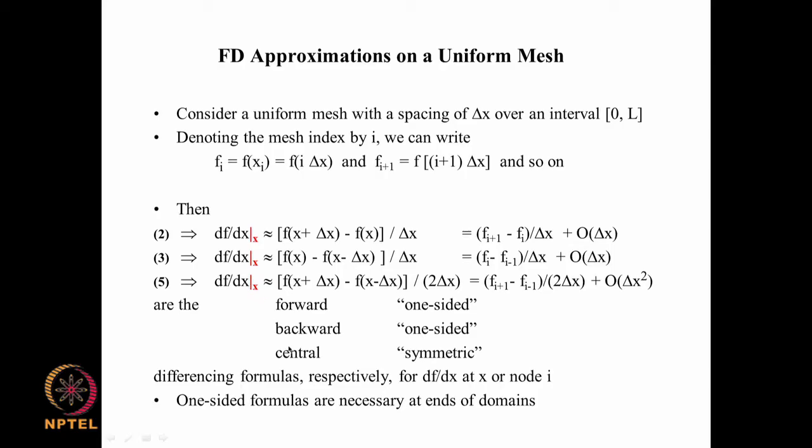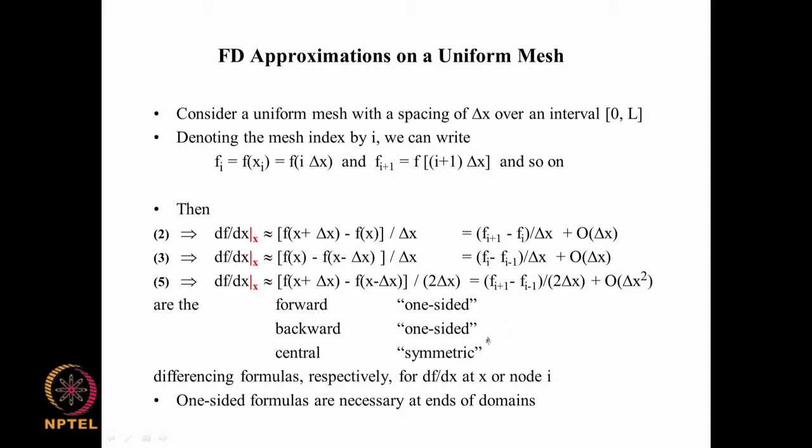So these are known as central differencing formulas. Usually central differencing formulas are more accurate than one-sided differencing formulas, but we need both. Central because they are more accurate, and forward and backward are required at the edges of the computational domain.